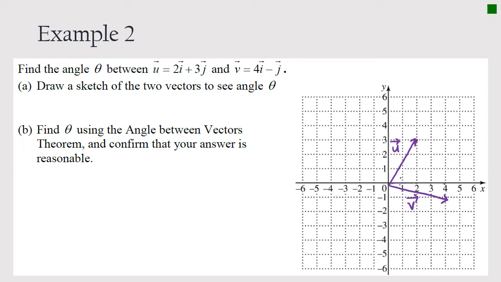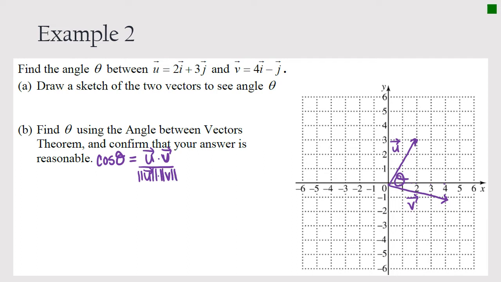So that angle in between them is going to be right there. If we wanted to use that angle between vectors theorem, we can. The formula is cosine of theta equals the dot product of u and v divided by the magnitude of u times the magnitude of v. So we need to figure out each of those components.